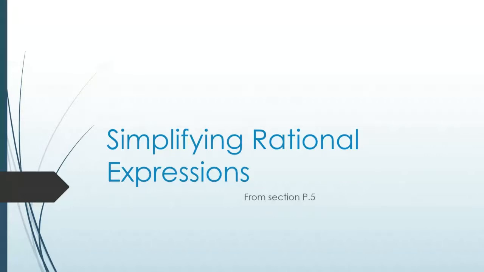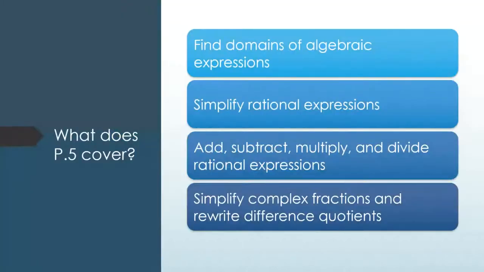So first off, P.5. So P.5 covers domains of algebraic expressions, which is not just rational functions, or rational expressions. So that's a little interesting because it has some things that are not rational expressions in that section. And then it goes on to simplifying rational expressions, adding and subtracting, multiplying and dividing rational expressions, and then simplifying complex fractions and difference quotients.